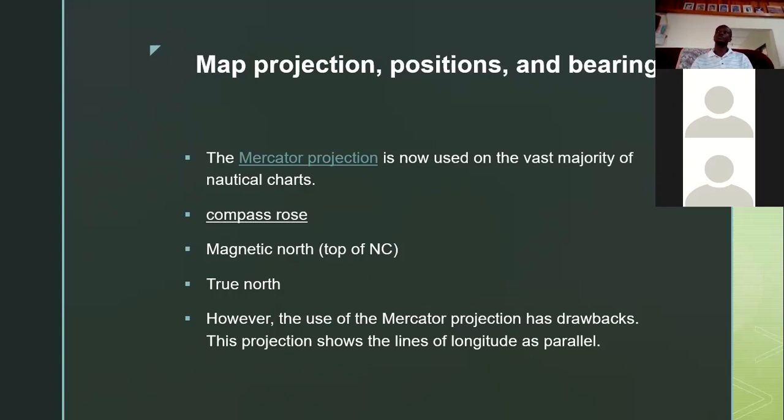The map projection used in these nautical charts is what we call the Mercator projection. If you don't know what projection is, don't worry. Just know that projection is a mathematical transformation of coordinates from one surface to another.